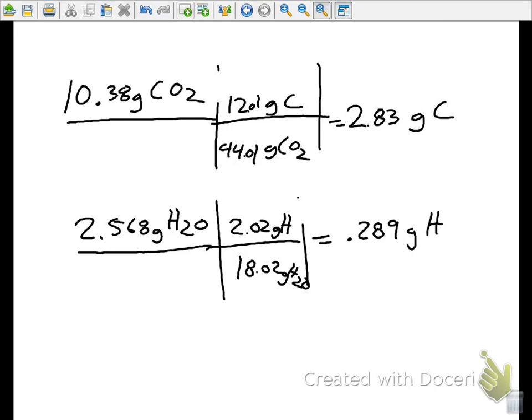So oxygen is the missing amount. If I take these two, and I know that oxygen, whatever that amount would be, added together is going to get me the 3.871 of the original compound.